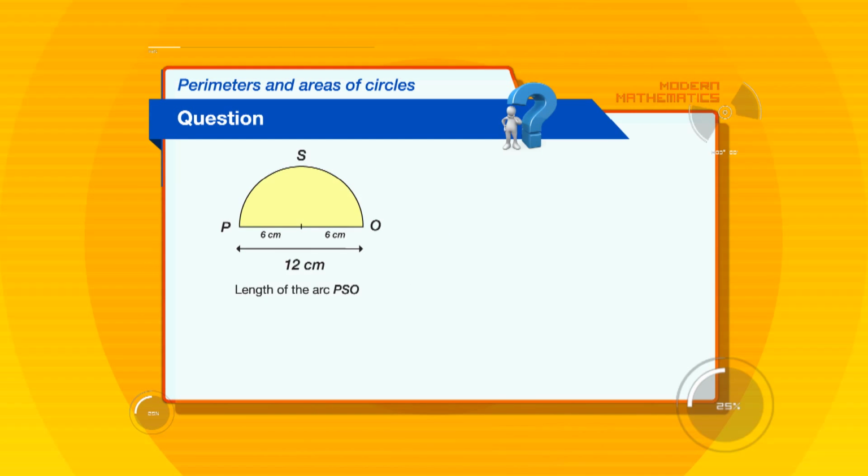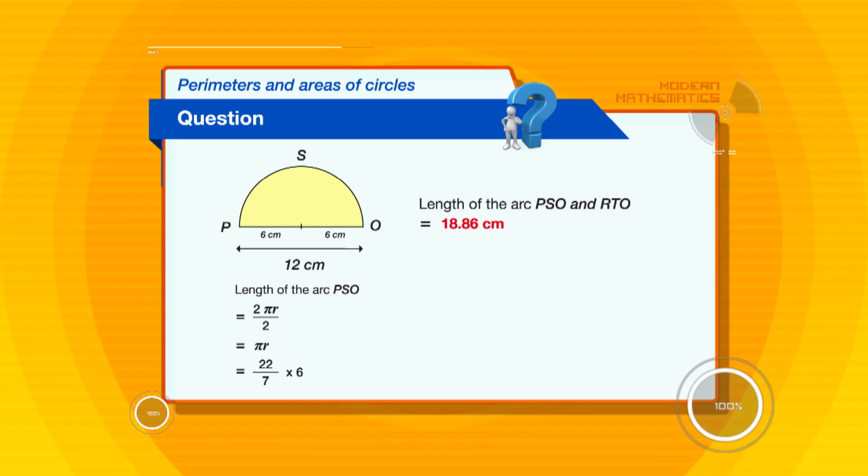For the length of arc PSO, it is a semicircle, and knowing that PO is 12 centimeters, the radius of PSO is 6 centimeters. Therefore, once again using the formula of 2 pi r over 2, which is pi r, we substitute pi as 22 over 7 and r with 6. We can then find that the length of arc PSO is 18.86 centimeters.